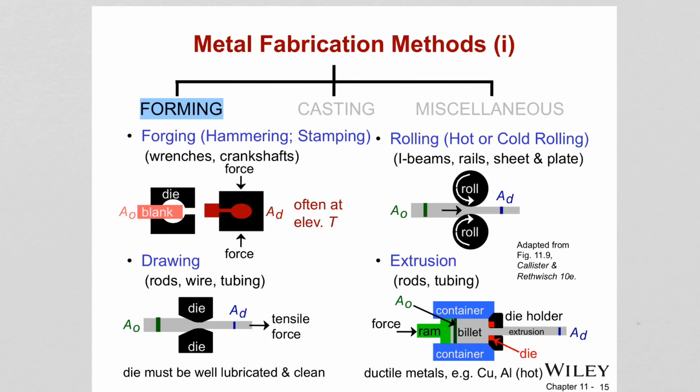So what is forging? Forging is basically like hammering. You see we have a die and we have a blank, the starting material, the starting workpiece.